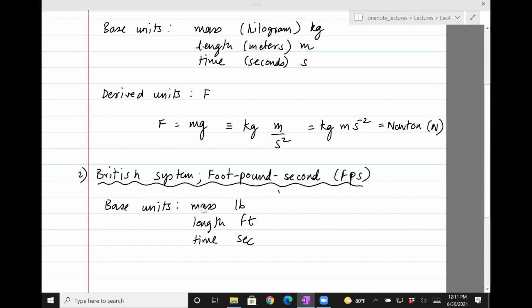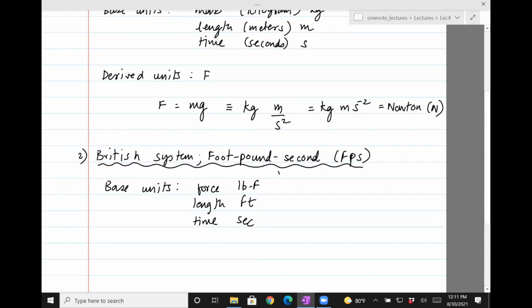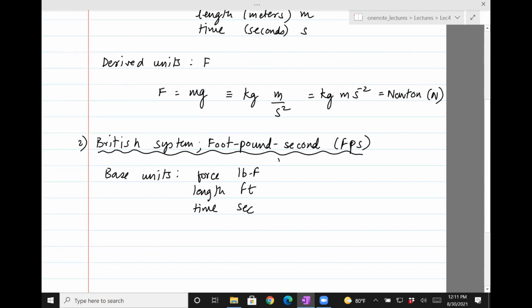Actually, hold on. They don't really go with mass. They actually specify force, and that's lbf. I'll come to what that means in a bit.